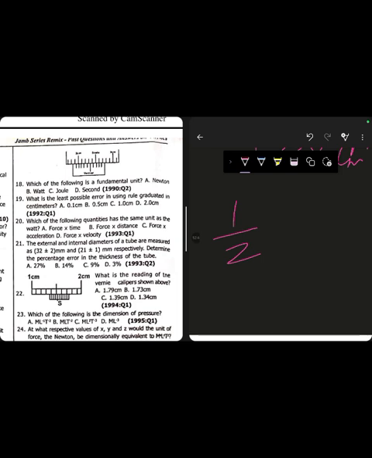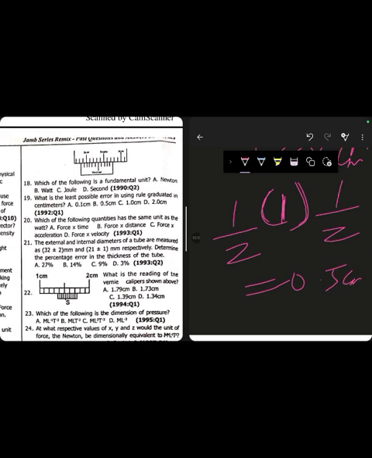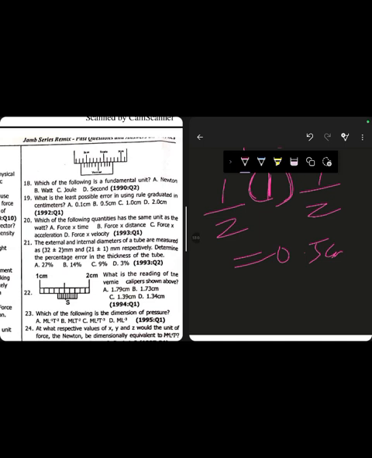The place value here is in centimeter, which is 1 centimeter, right? So 1 over 2 times the place value, which is unit, which is 1. So I'll have 1 times 1 is 1 over 2, which will give me 0.5 centimeters. So the answer to 19 is actually B.